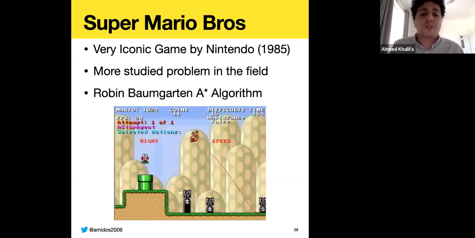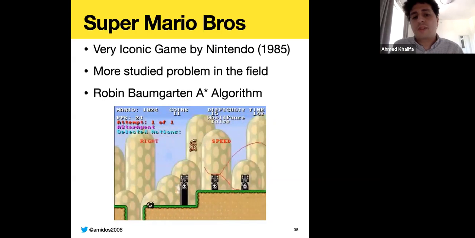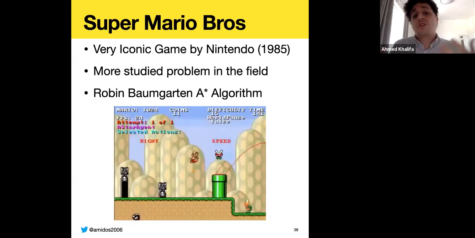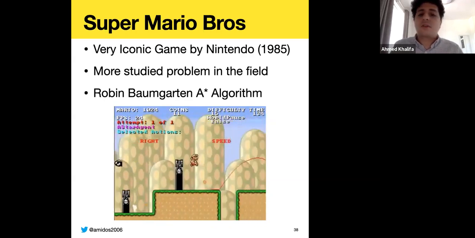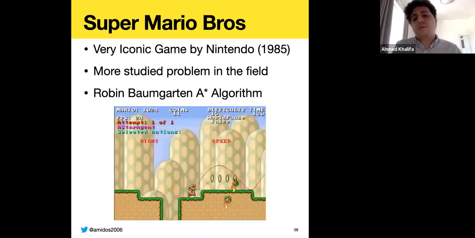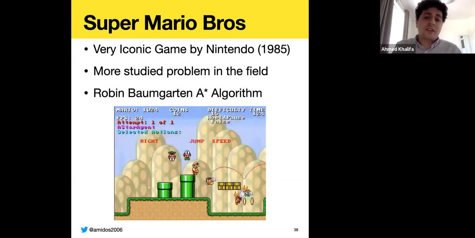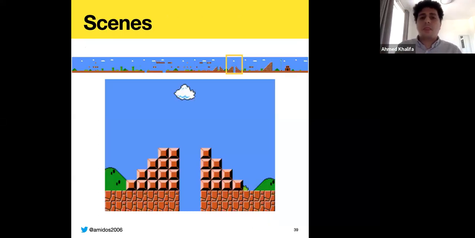I just wanted to use that framework because there is so much research happening in that area that could help influence how we could do that general diversity metric. And also there is a very good A-star agent that can play the game, which you can see down there. It plays the game almost perfectly while avoiding every single enemy and everything that's on the way.